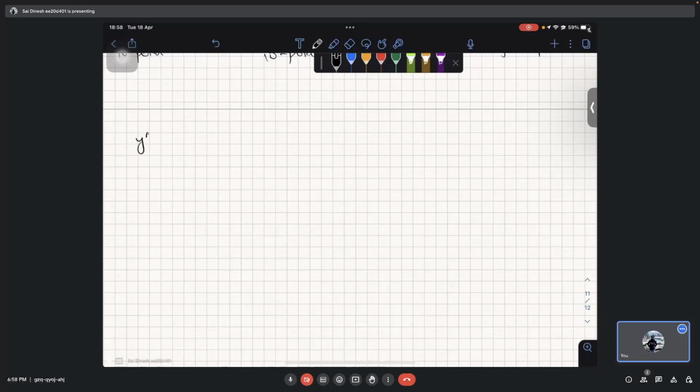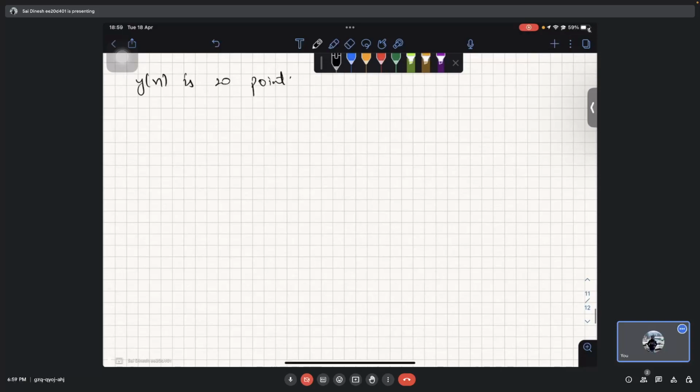Now y of n is 20 point, therefore if we do 20 point DFT, what will it be?